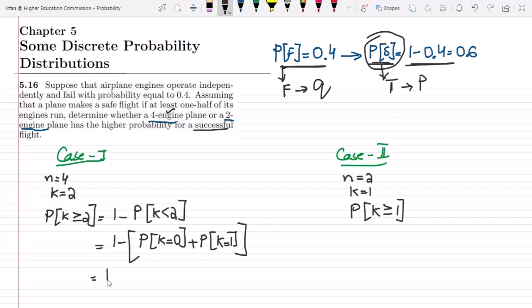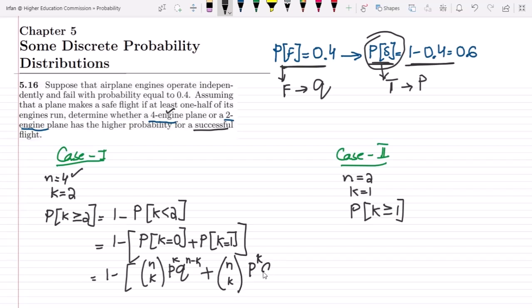So let me use here the binomial probability law: n choose k multiplied by the probability of success p to the power k and q to the power n minus k. Here n is 4, so n choose k, then p^k, q^(n-k). For k equal to 1 we will do the same.